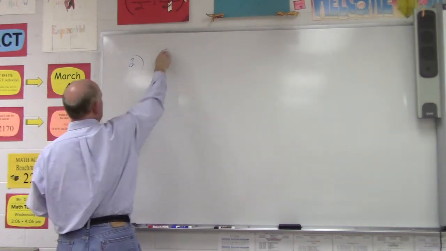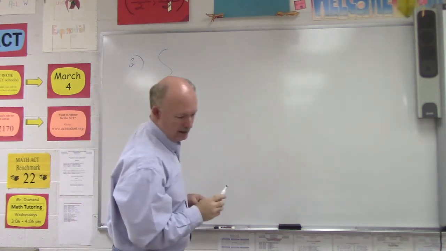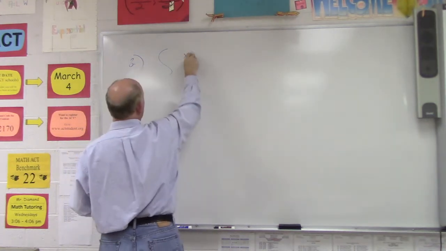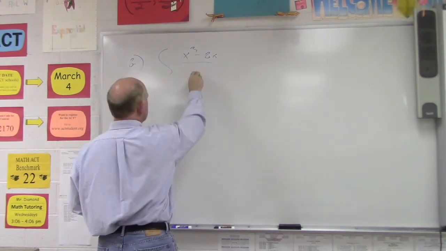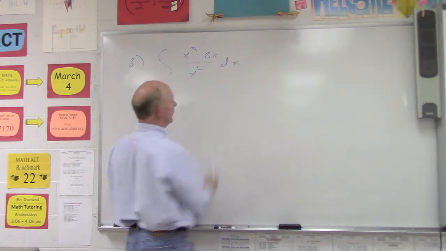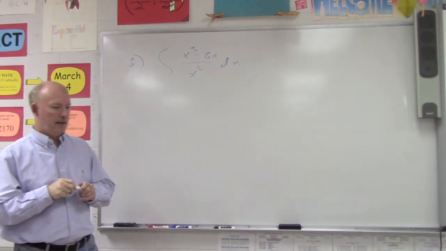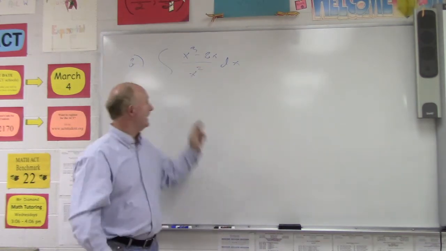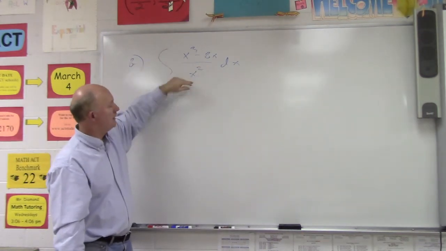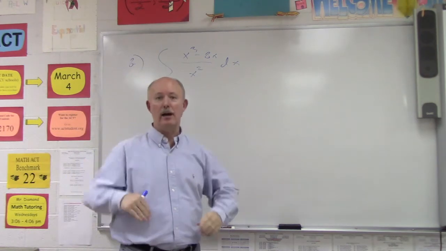Let's do the antiderivative of x cubed minus 8x over x squared dx. Now, anytime I see a fraction, I immediately start looking for a natural log relationship. Is the numerator the derivative of the denominator? No, it's not.